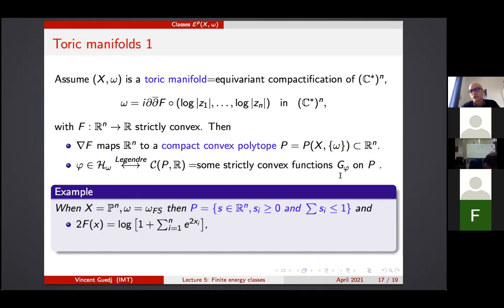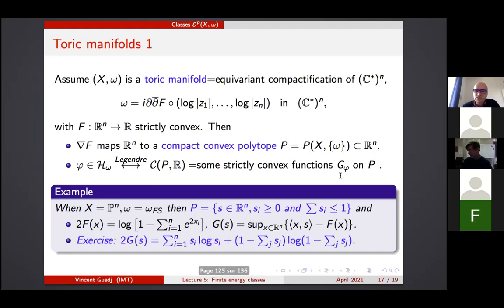2x_i. And if you look at its Legendre transformation, which is by definition this quantity, so g of s is this, then what you get is that g is given by this quantity.